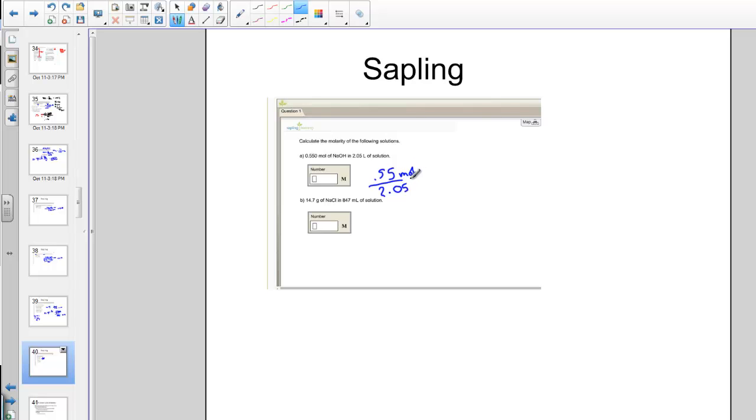Pretty straightforward, moles per liter. Here you have to do a little mole map work. You have 14.7 grams of salt. You have to divide that by the molar mass of NaCl and then place that over the liters of solution. So here you have to add an Na and a Cl, which we did just a minute ago. Grams over molar mass per liter is your big M calculation.